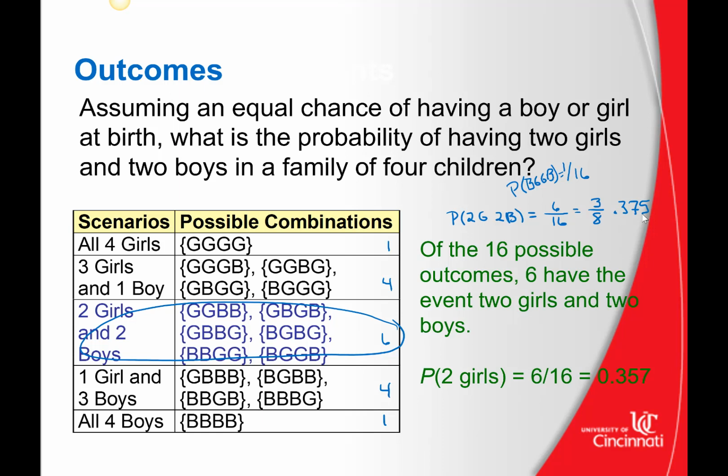A very important move to be able to make when you're working with probabilities is being able to create a table with all the possible outcomes. On something like this table, where you're listing lots of different events, you've got to take it in an organized fashion. So, for example, if you were asked to list all the possibilities of a family with 4 children, you don't just, well, let's see, boy, girl, girl, boy, boy, boy, girl, girl.